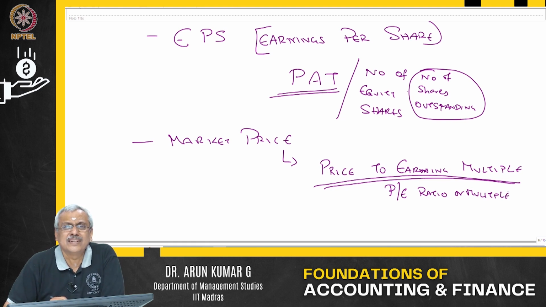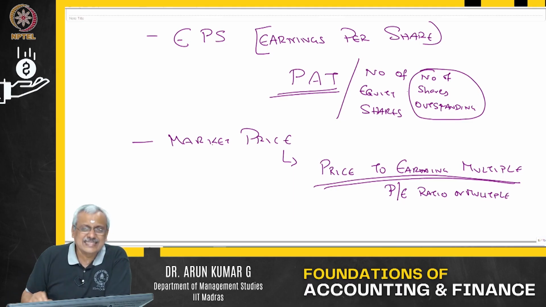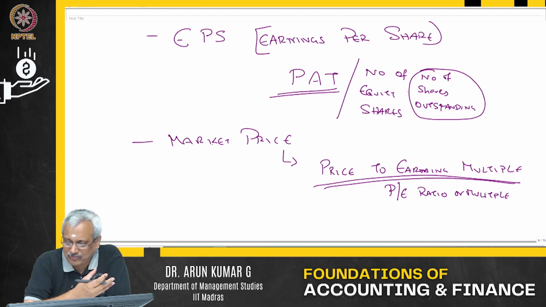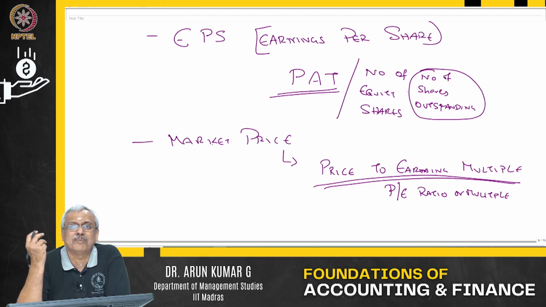What is this price to earning? The market price is X. The market price is a reflection of the performance, the earnings of the company. So I am looking at how many times the earnings per share is the market price per share.